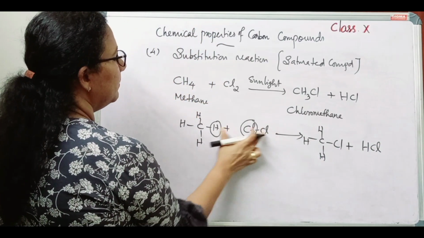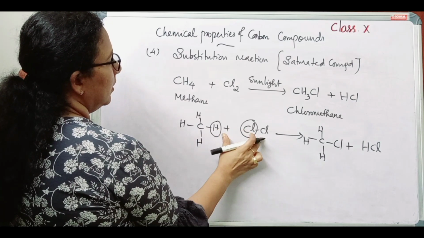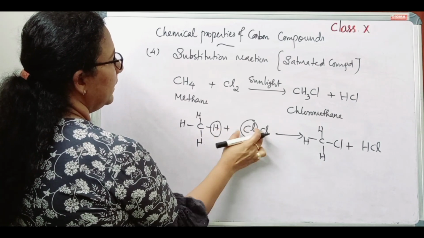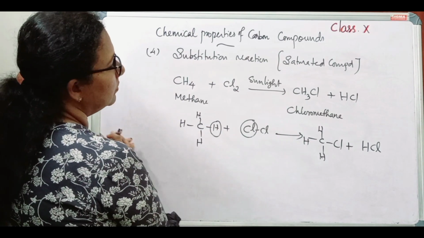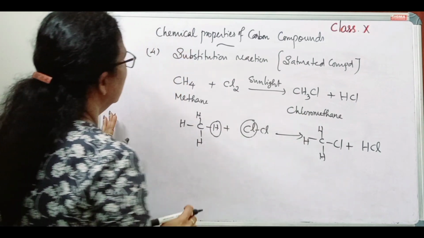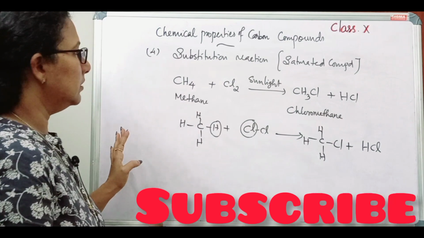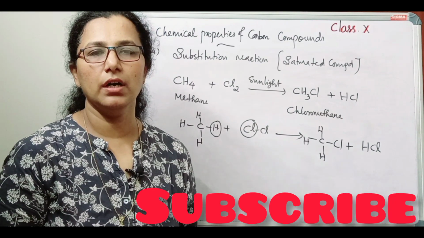So HCl will be formed and chlorine will be substituted in the place of hydrogen. So this is chloromethane. These are the main chemical properties of carbon compounds.